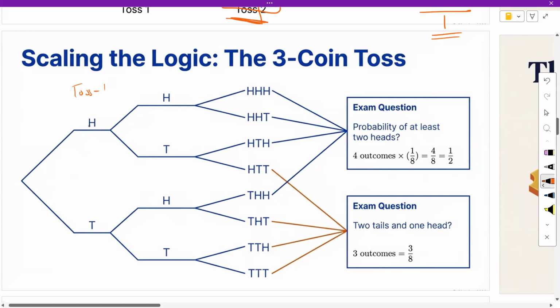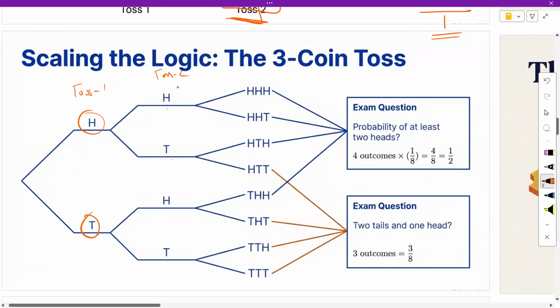What are the outcomes? Head or tail. And the second toss, toss two, what are the outcomes? Head or tail. Once you get a head in the first toss, in the second toss you may get head or tail, and likewise if the first toss is tail.